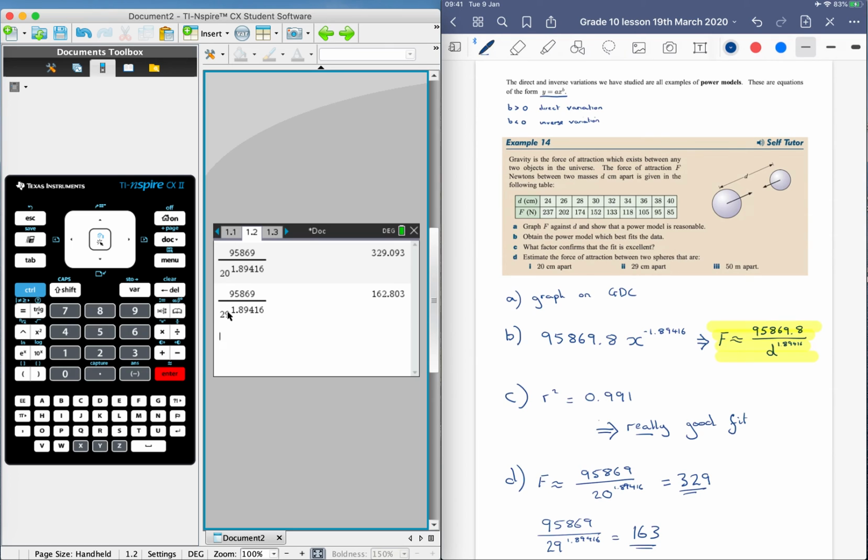And then finally, for 50 meters apart, oh gosh, right. For 50 meters apart, that's going to be 500 centimeters. No, there's 100 centimeters in a meter, so that would be 5,000 centimeters apart.